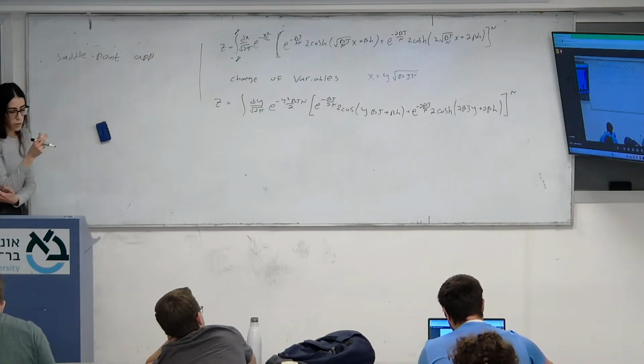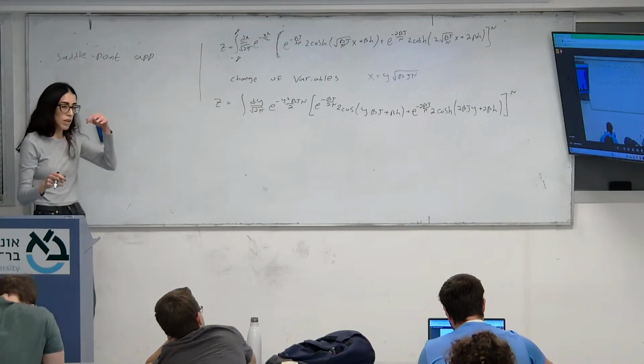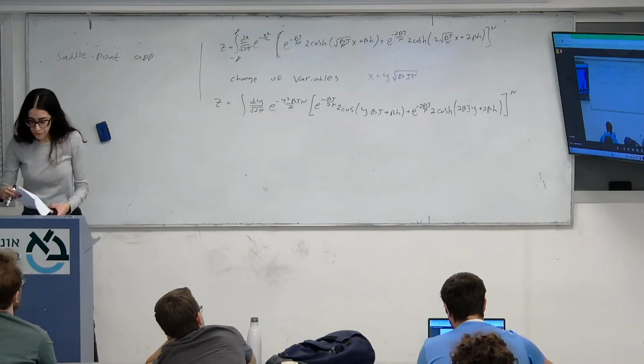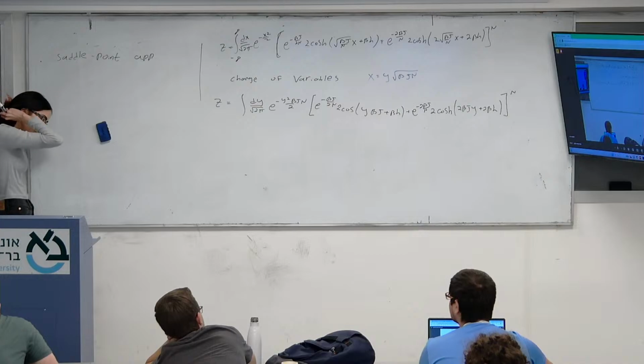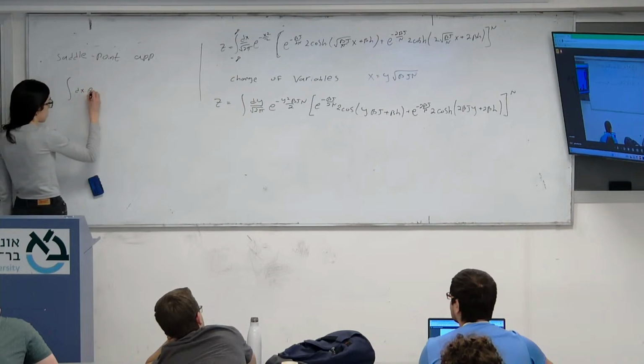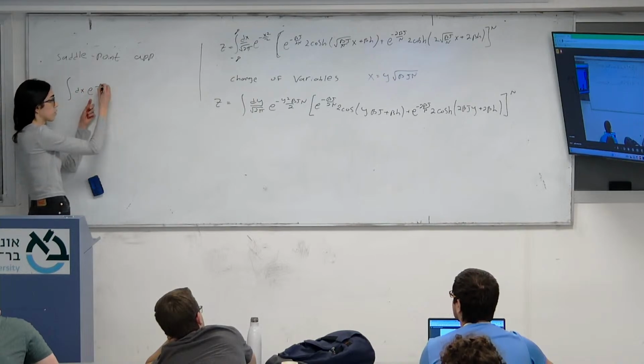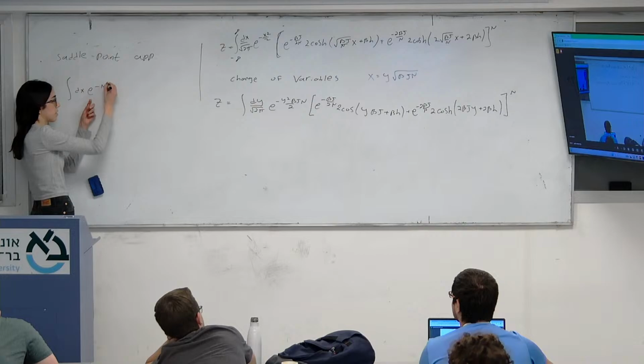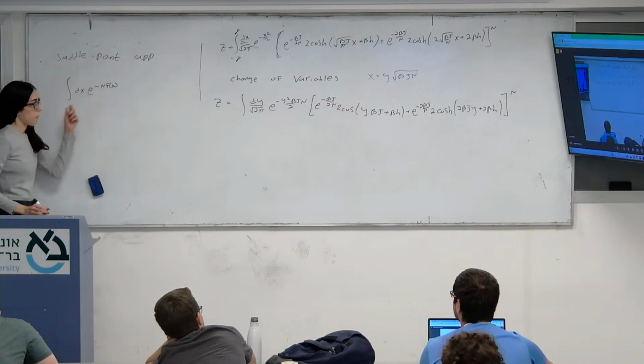So saddle point is like nekudat ukaf, you know. Basically, let's say we have an integral of a function that has an exponent of a function of n f of x.